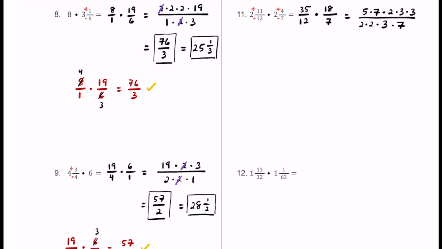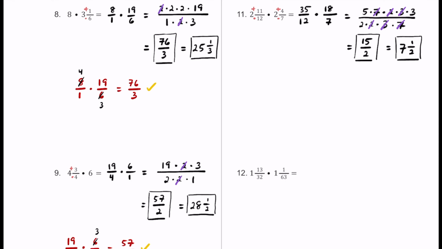Let's see if we can cross cancel. Looks like the 7 and 7 are in common, and the 2 and the 2 are in common, and the 3 and the 3 are in common. I think that's it. On top, 5 times 3 is 15. On bottom, 2 is just 2. So this would be our answer, our product written as an improper fraction, but you can also turn this into 7.5 if you would like to.